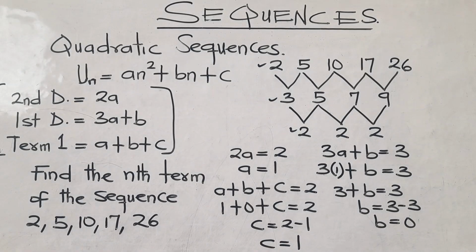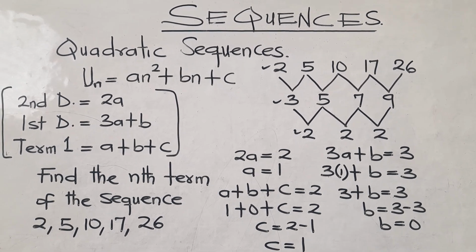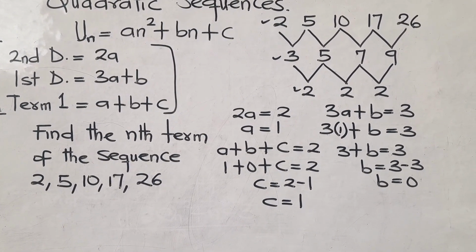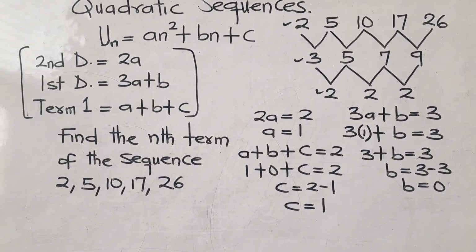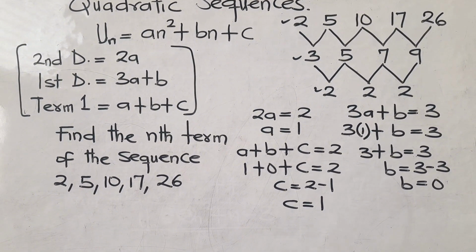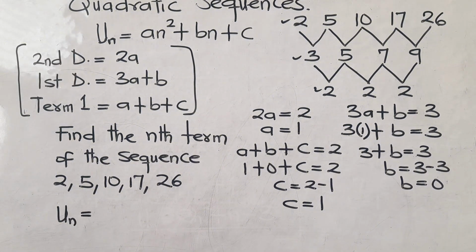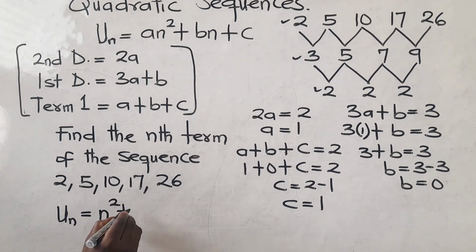Now, let's rewrite it following what we have. The formula will now become un equals an square, but a is 1, so it's just n square, plus b is 0, so the bn term will not be there, and c is 1.